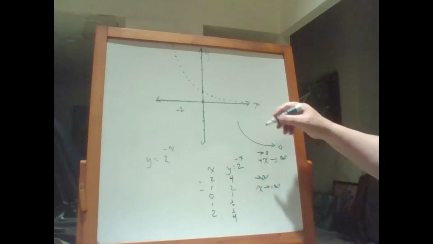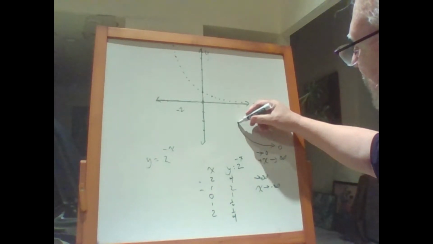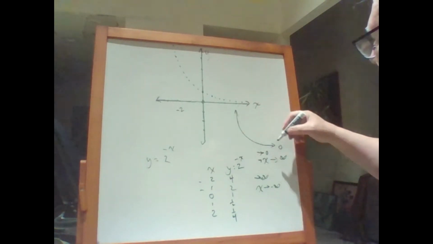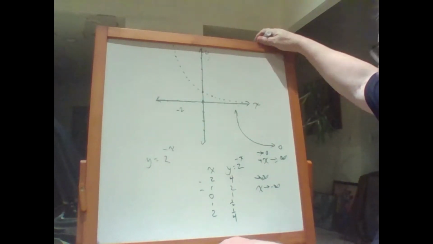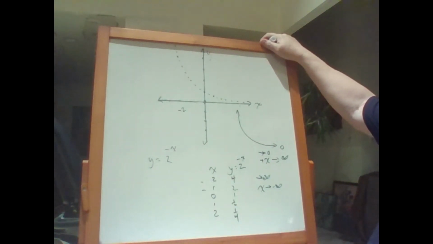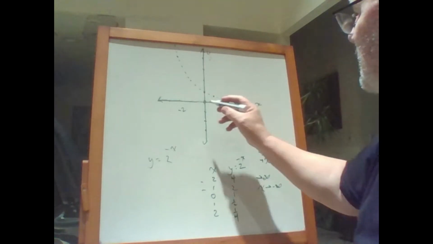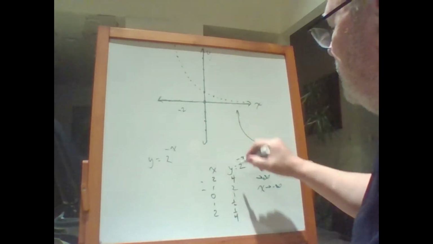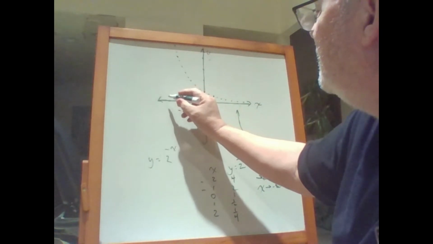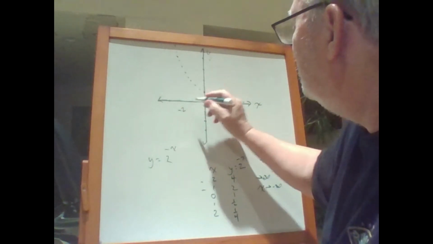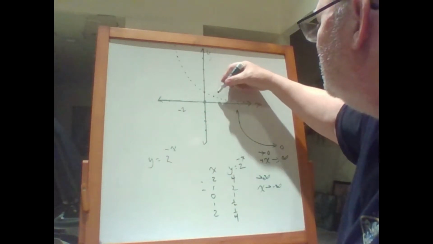So we have a very steep curve that goes up that way, and so it's just a mirror image of 2 to the x. 2 to the x, remember, was just the opposite.